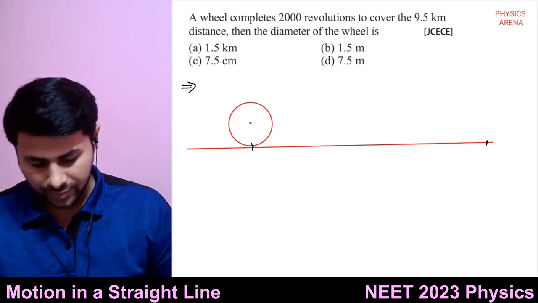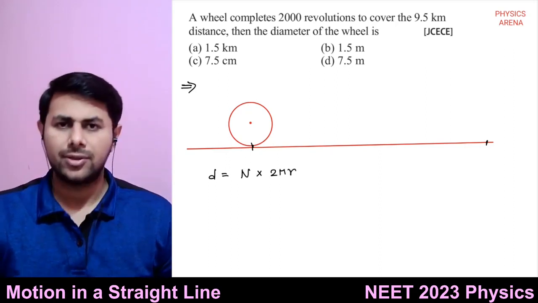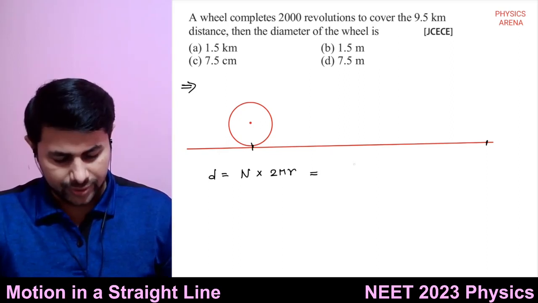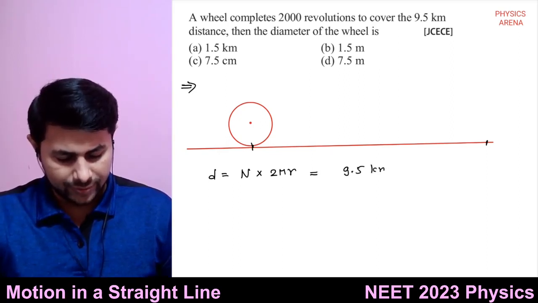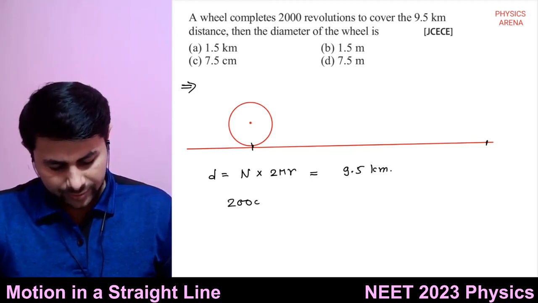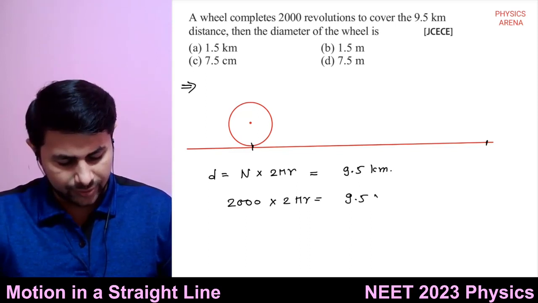Okay, so distance covered is equal to number of revolutions multiplied by 2 pi r, and that's equal to 9.5 kilometers. So this is 2000 multiplied by 2 pi r equals 9.5.